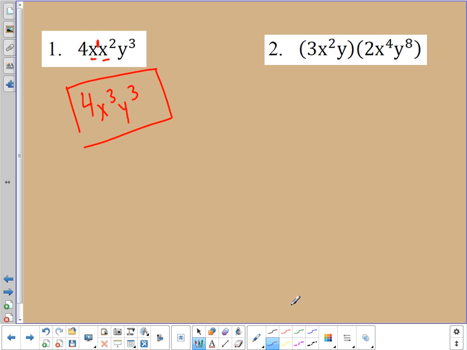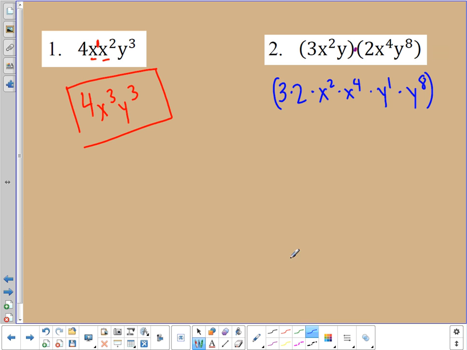In number 2, remember that between 2 sets of parentheses, if you don't see an operation, that means it's multiplication. So these things are actually being multiplied together. Put the like parts together, and you can even rewrite it if it will help you. If I rewrite this, putting my like parts together, I have 3 times 2 times x squared times x to the fourth times y to the first times y to the eighth.